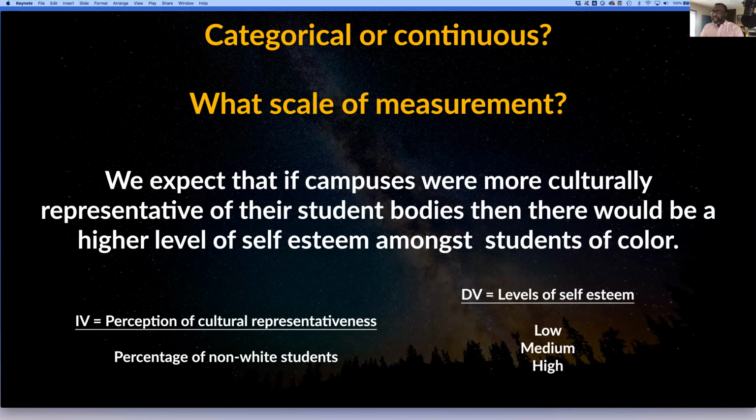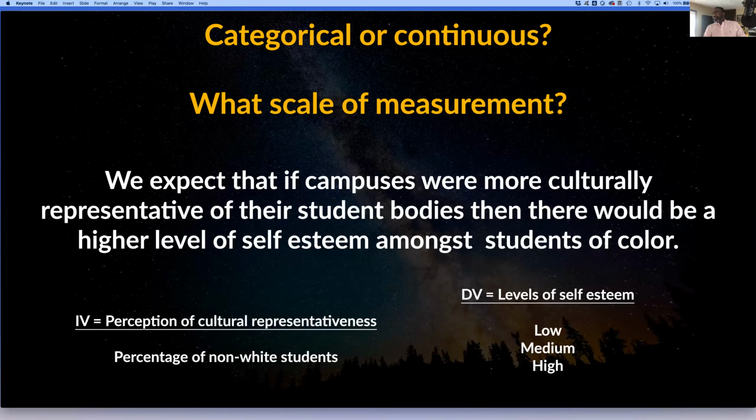So we're going to say the percentage of non-white students is a measure of that perception. That is a continuous variable, but what scale of measurement? If I have 0% non-white students, is that interval or ratio? Ratio.